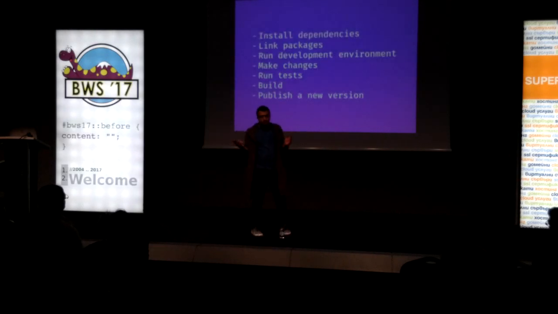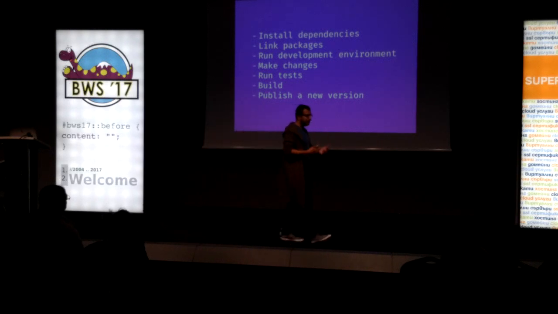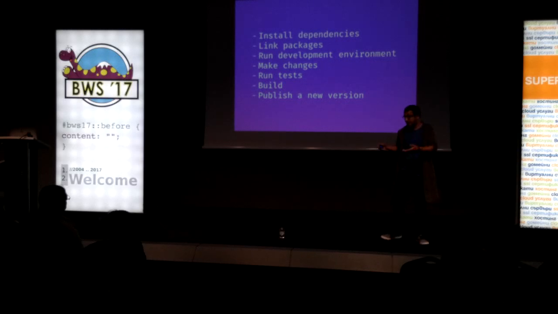You need to install dependencies for your module. You need to link your packages all together so you can depend on them while you're working, especially. And you need to run your development environment. After that, you start developing something and make changes.